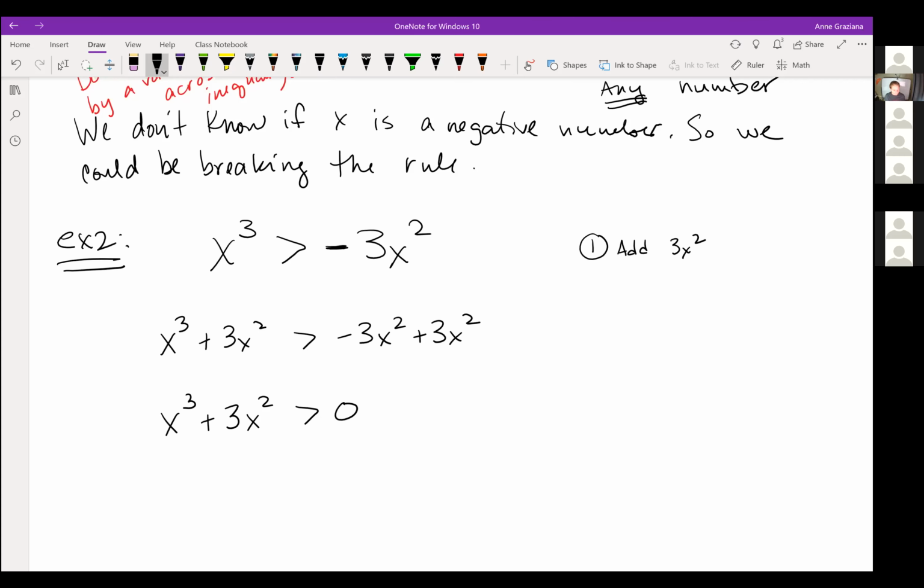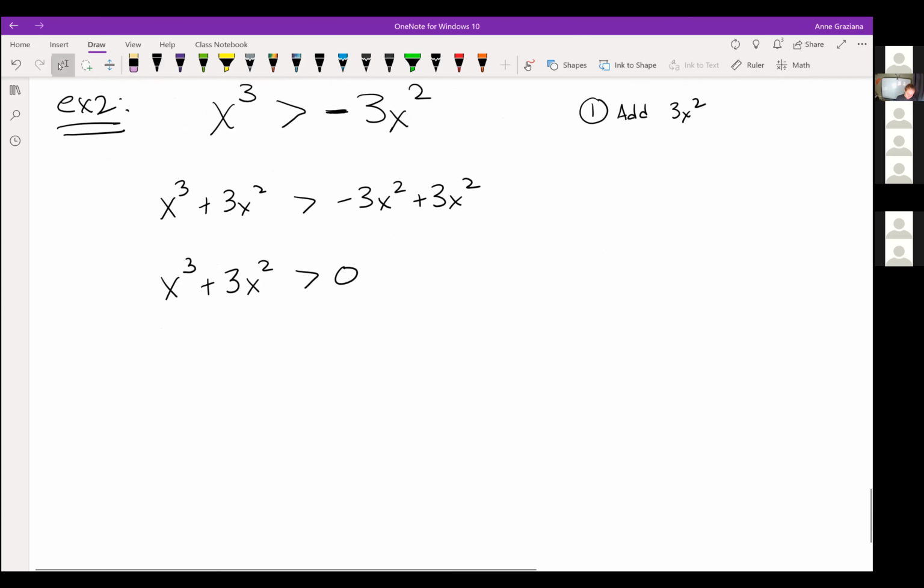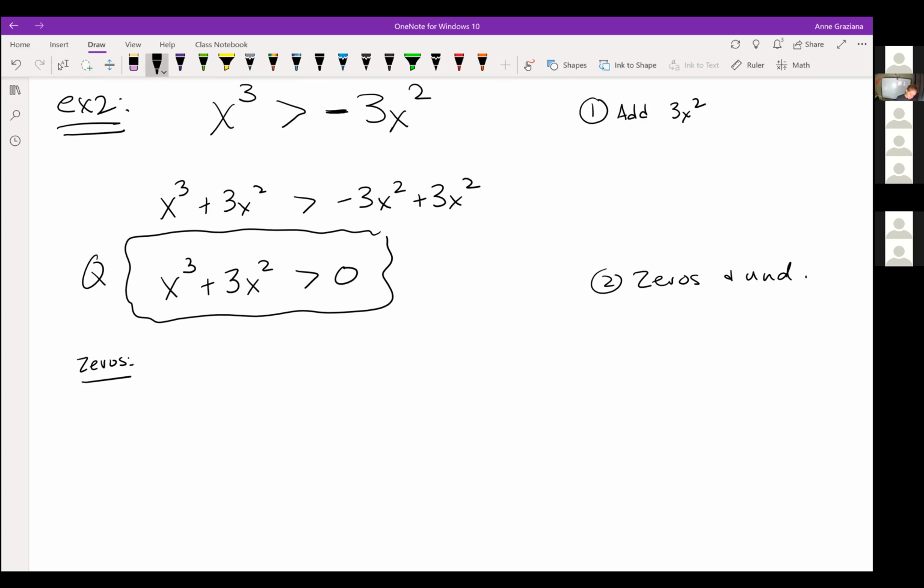Okay. Now, I can't add or simplify this anymore. There's no fraction or anything like that. So let's just go for our zeros and undefines. So my zeros, by the way, this is my question. I'm going to just box it in. Okay. So I'm going to write this as a function and then set this equal to 0.